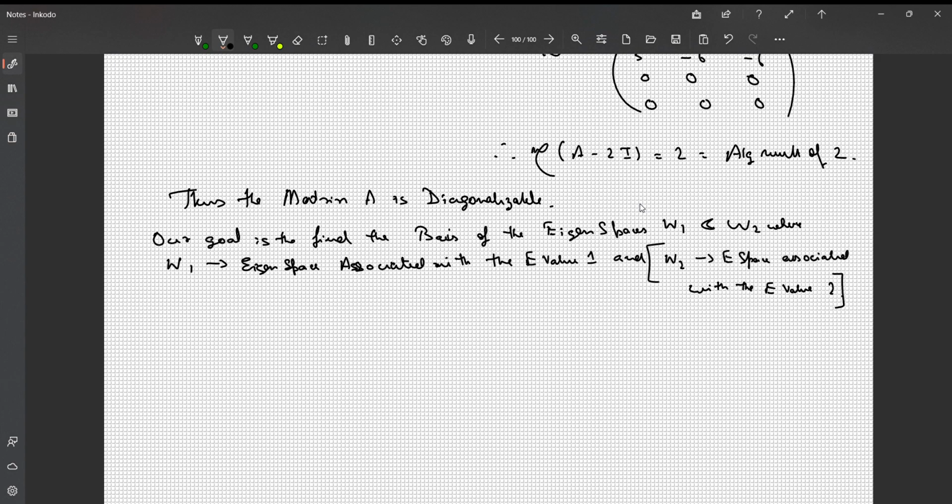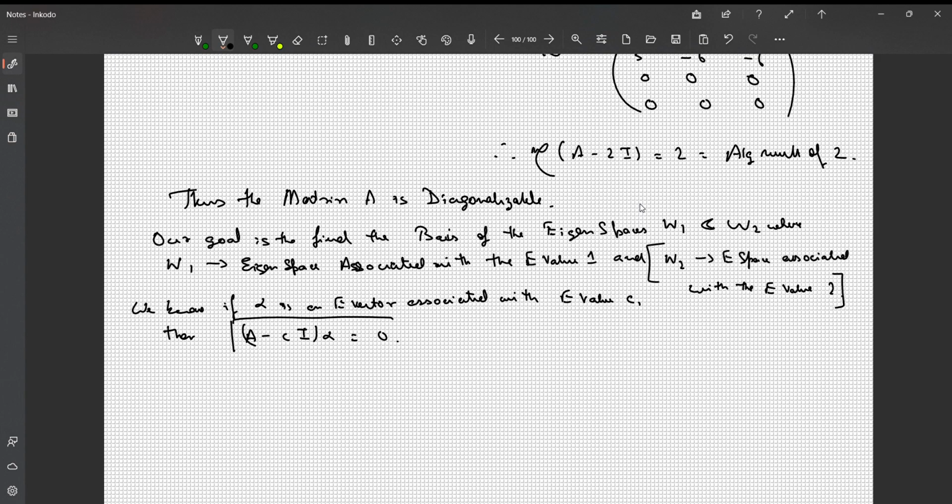That is also pretty trivial, because we know if alpha is an eigenvector associated with the eigenvalue c, then alpha must satisfy the following condition: (A minus cI) times alpha is equal to 0.